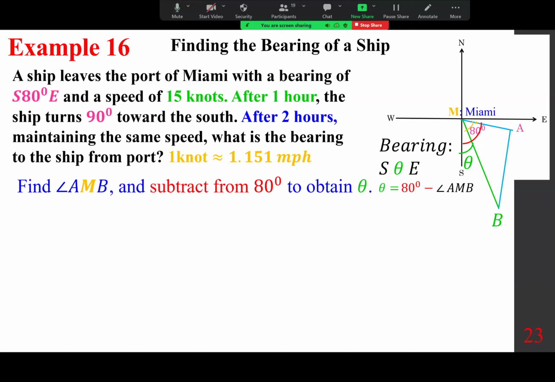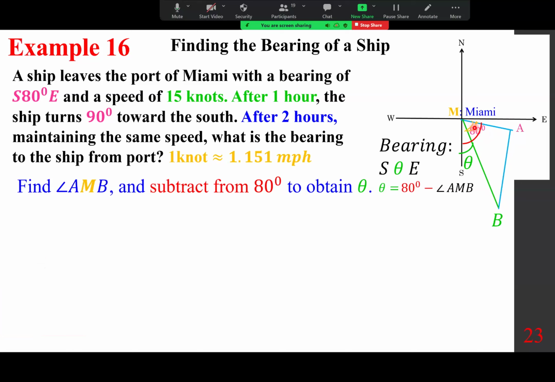This one. That's A and B. So all you have to do, look at this triangle, try to find this angle. That's all we are looking for.